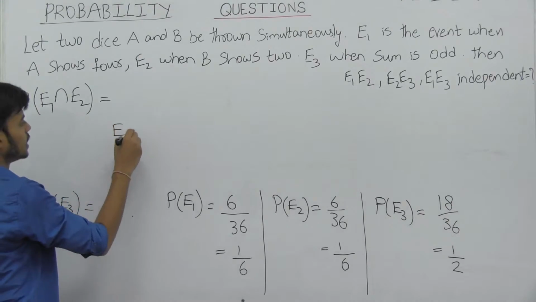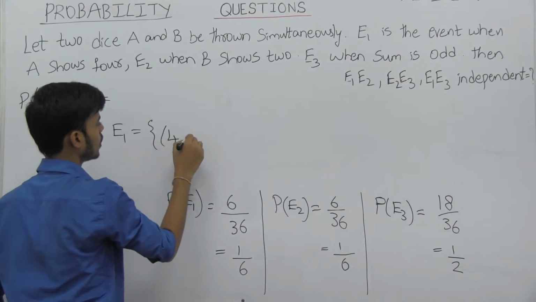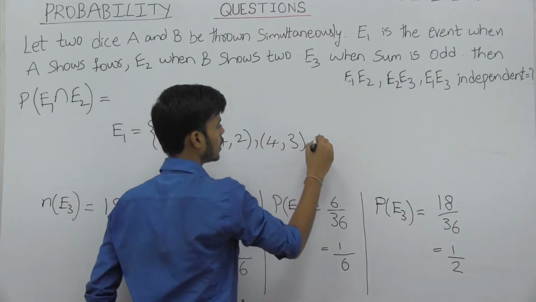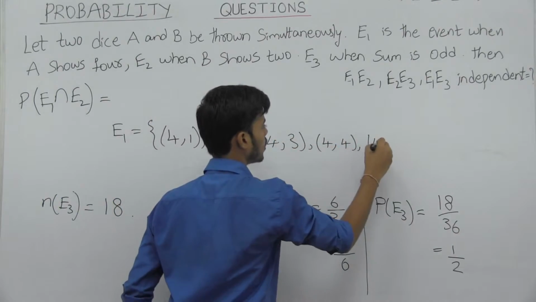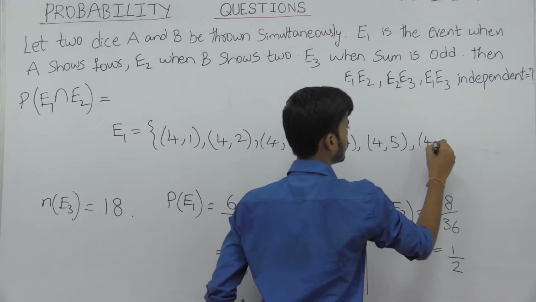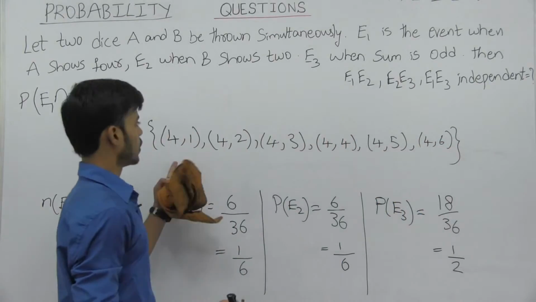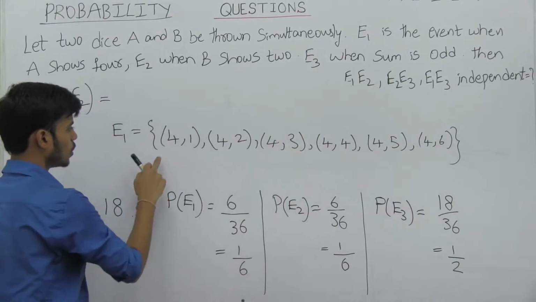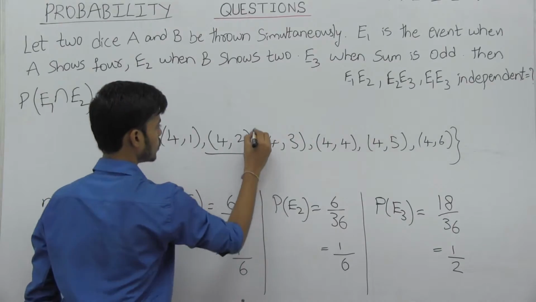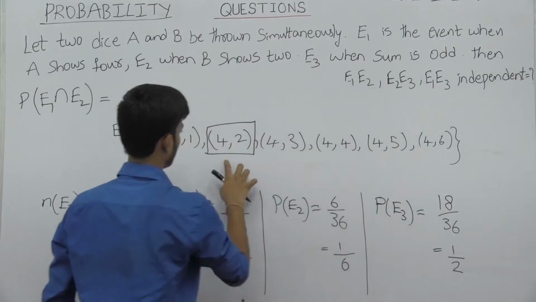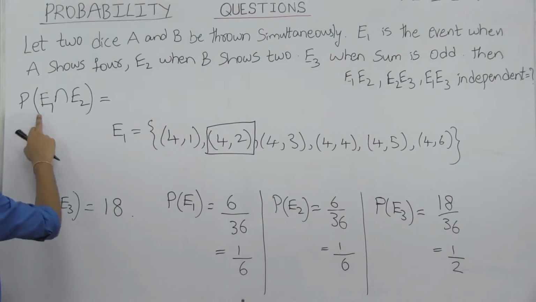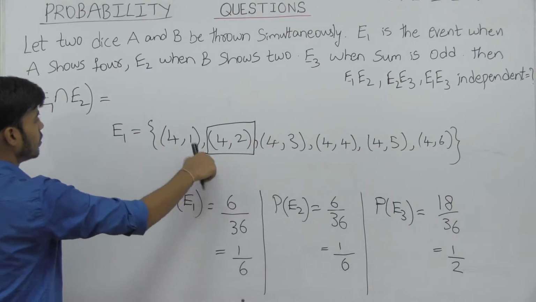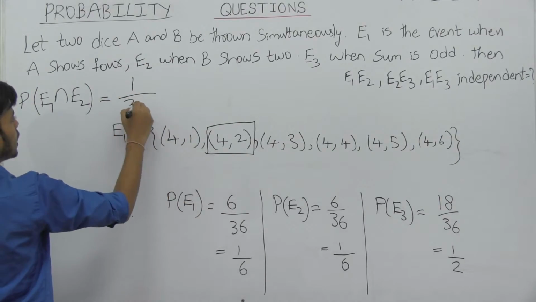So let's write E1 once again. A shows 4: 4,1, 4,2, 4,3, 4,4, 4,5 and 4,6. So we have 1, 2, 3, 4, 5, 6 and event 2 is when B shows 2. So for event 2, when B shows 2, we have 1 and only 1. So the probability of E1 and E2 occurring at the same time is only 1 by 36.